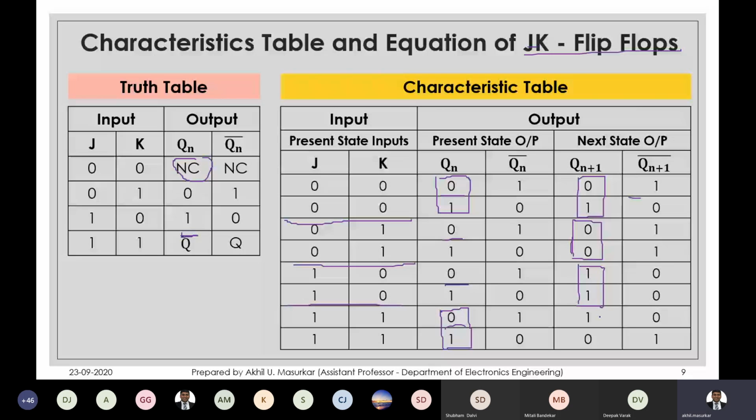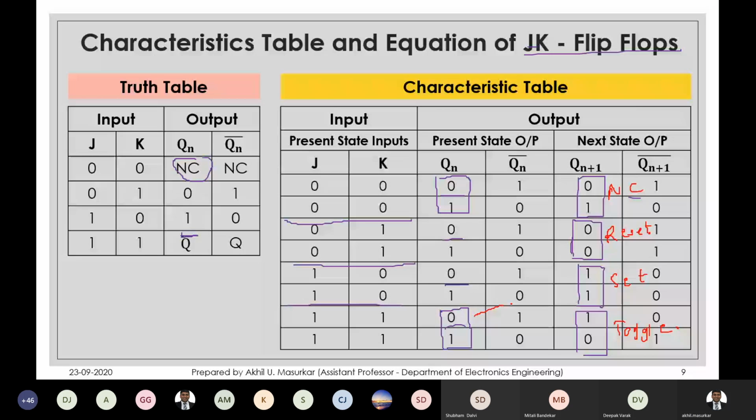Just to highlight, the first two are no change, this is reset, this is set, and this is toggle. That means if it is 0, it will toggle to 1. If it is 1, it will toggle to 0. That is what this Q bar indicates.